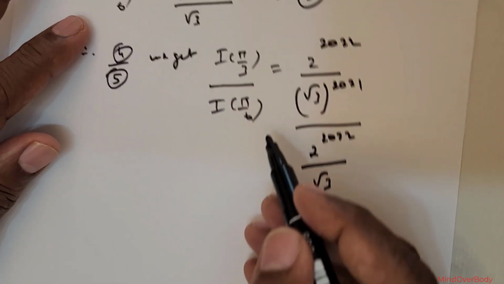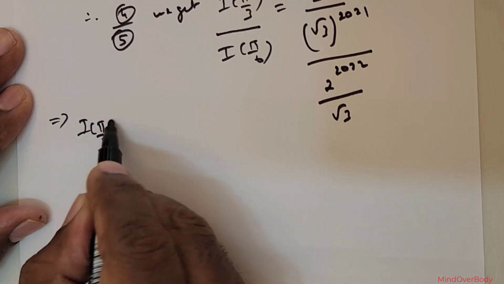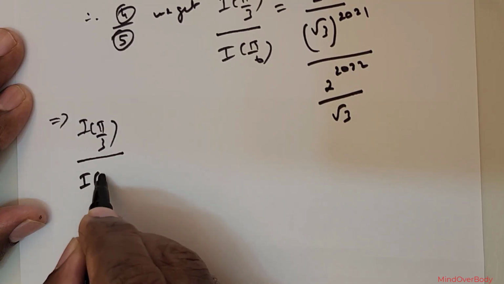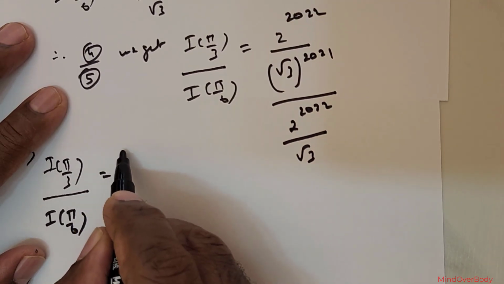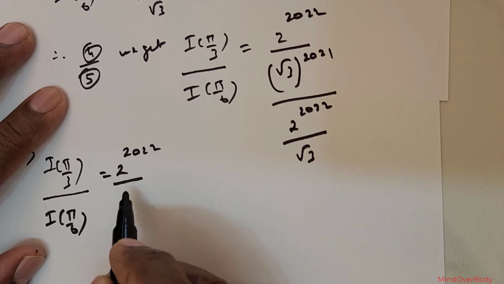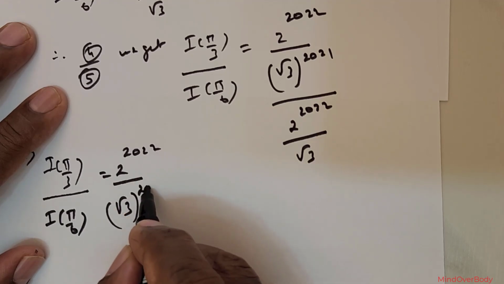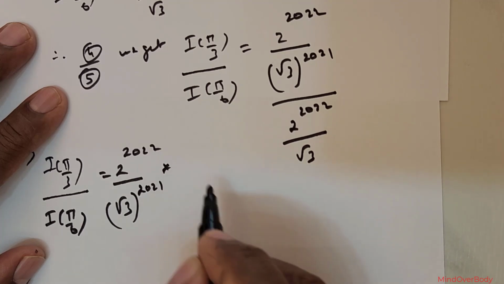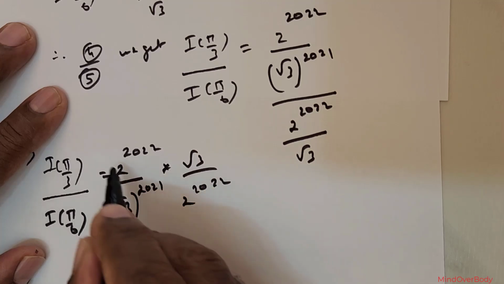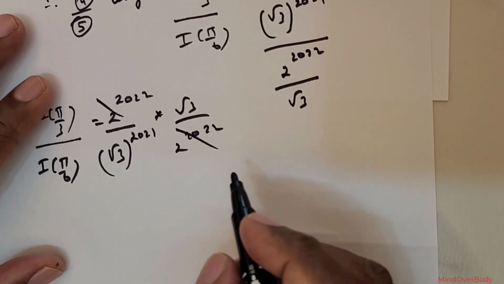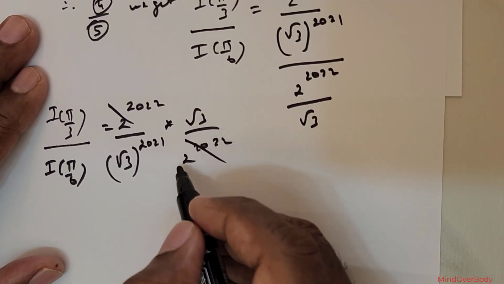So if you were to flip this, this will be 2 raised to the power of 2022 divided by root of 3 raised to the power of 2021, and this is root of 3 divided by 2 raised to the power of 2022. These two get cancelled.